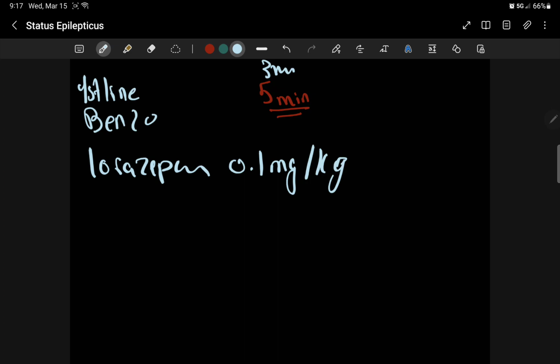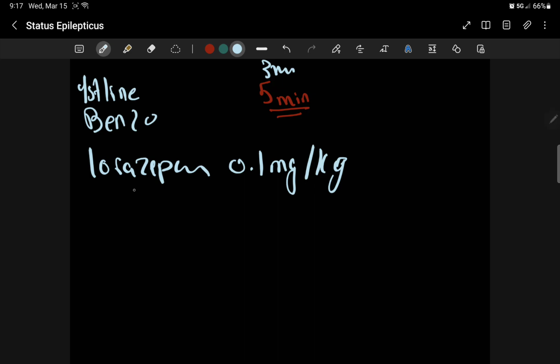Either memorize it or have an open source open. One of them helps usually. I like to memorize certain dosages because these are the ones where you need to think on your feet, and at times they're not in your coding sheet. Status epilepticus is not in your coding sheet, at least in my facility. So at times you need to memorize it or have it on you.